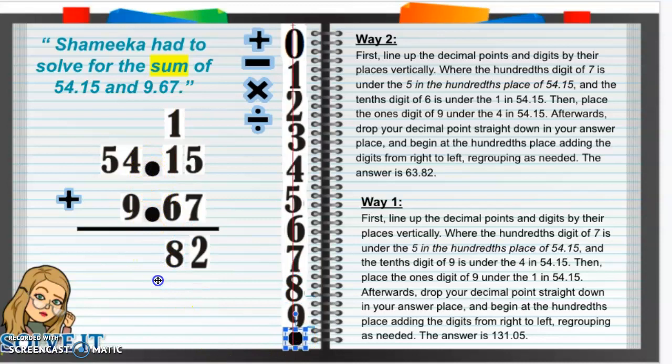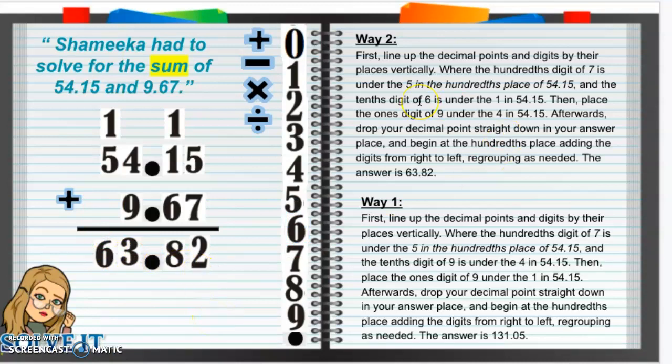Drop it low. 4 plus 9, or 9 plus 4, is going to give us 13. We're going to drop this 3 down and carry that 1. And then we have 5 plus 1, which is 6. So our answer here is 63 and 8200ths.